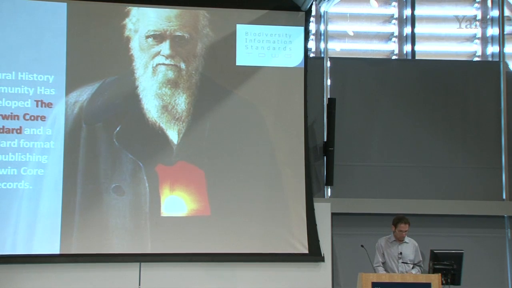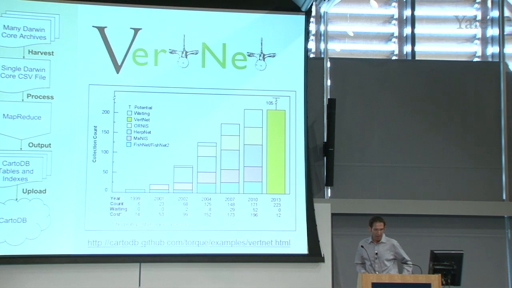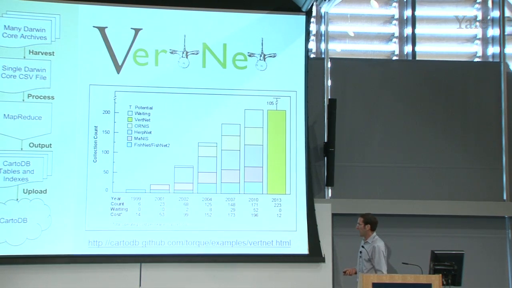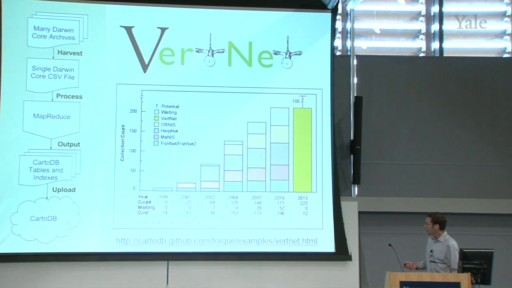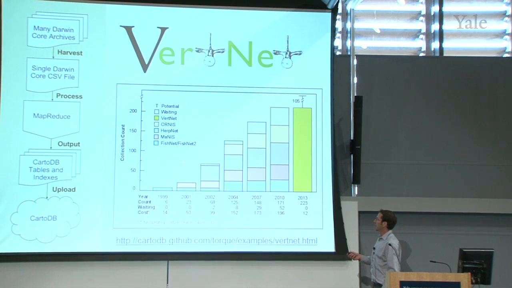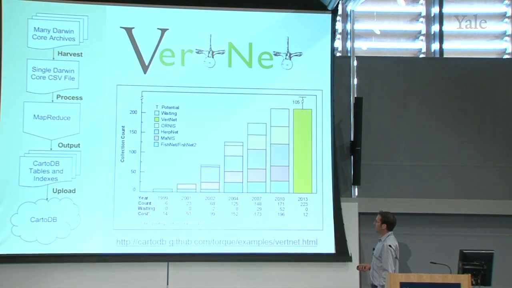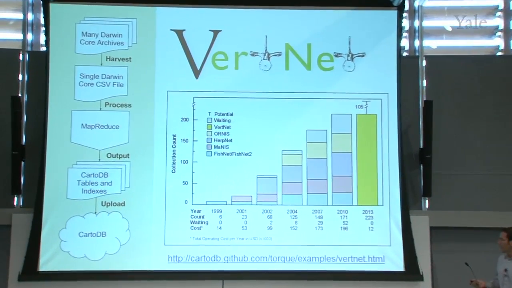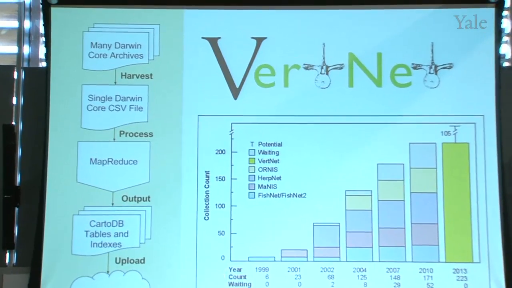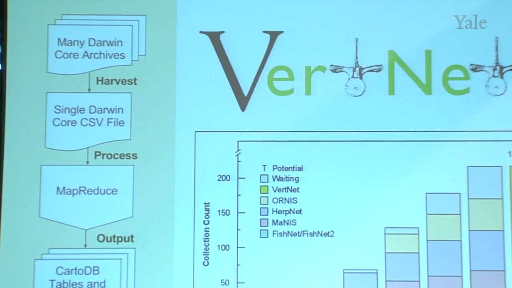And so one example of this is VertNet. I just want to cover this briefly because it shows you what's happened in a very short period of time, in 10 years. In 1999, when the first networks came online for serving vertebrate biodiversity records, this was called MANIS, the Mammal Networked Information System. There were about 6 institutions at a cost of about $14,000 a year, providing about 1 million records.